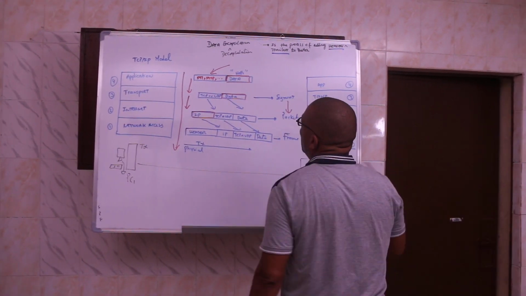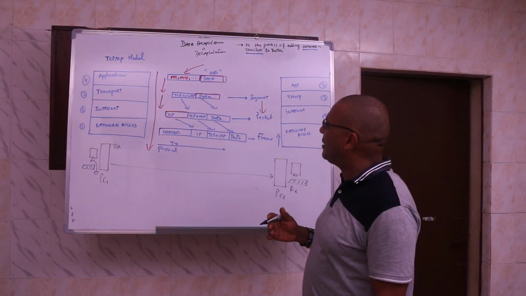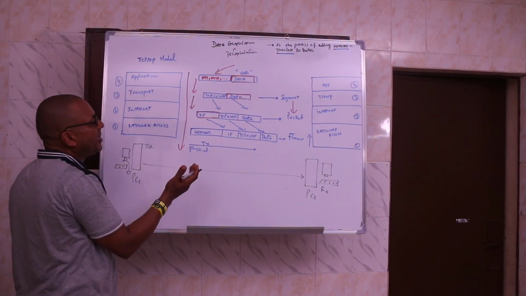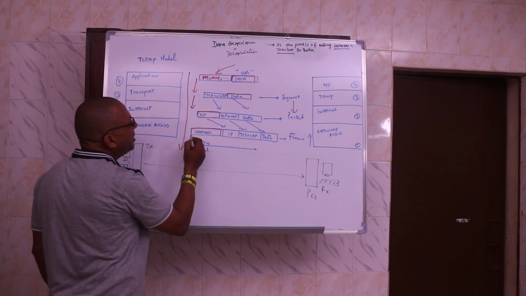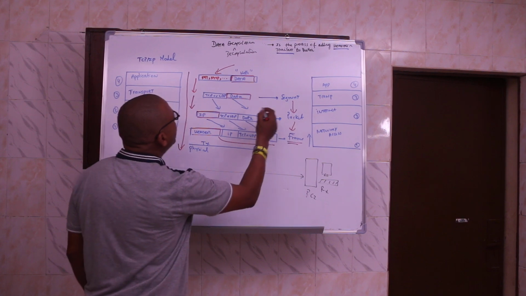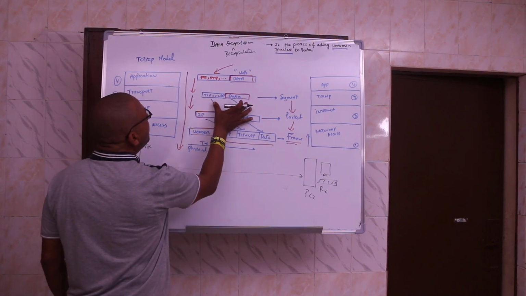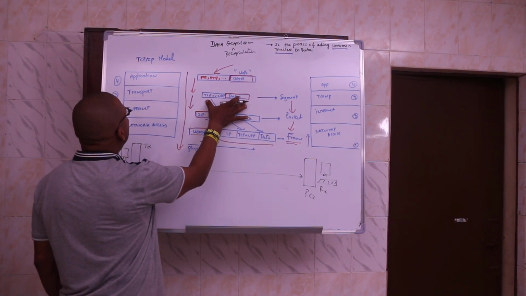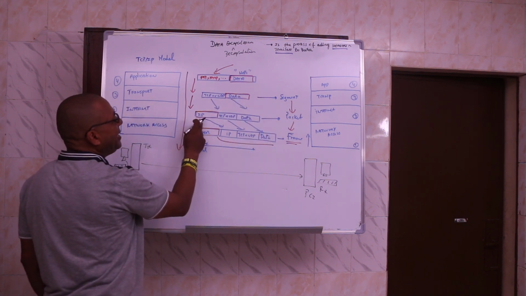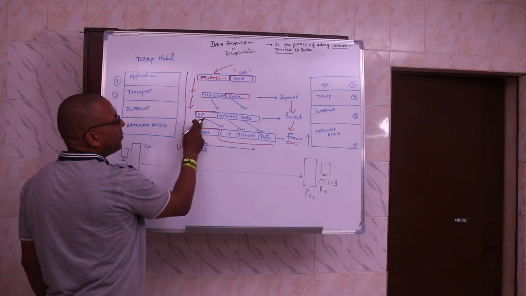This same packet goes down the stack to the network access layer, and the network access layer adds its own header to create what is called a frame. So let's look at it. The segment at the transport layer becomes a packet at the internet layer by adding an IP header to the segment.